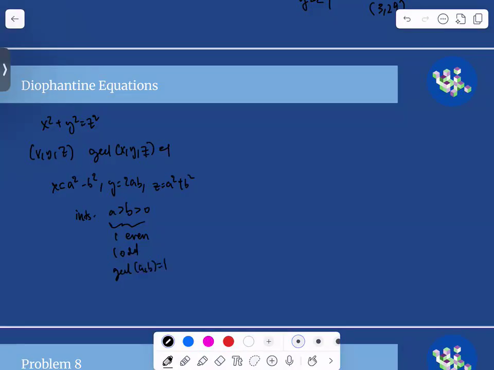This is a parameterization of Pythagorean triples, but it can show up as a Diophantine equation. And for most Diophantine equations, parameterization is a very important technique that you should keep in mind.